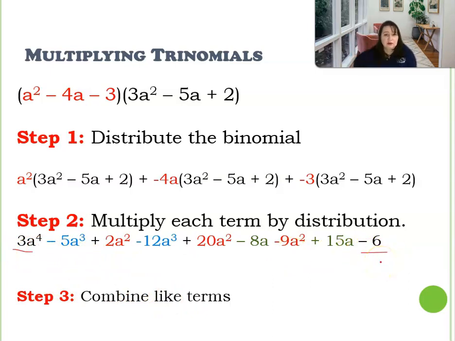There's nothing to combine them with. So this is going to end up being 3a to the 4th, and I'm going to end up with negative 6, okay? So there's no combining here. Got it?